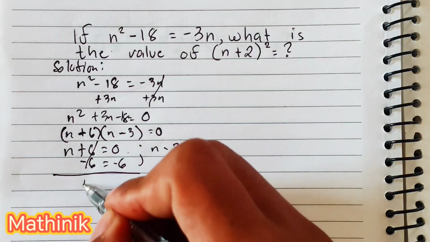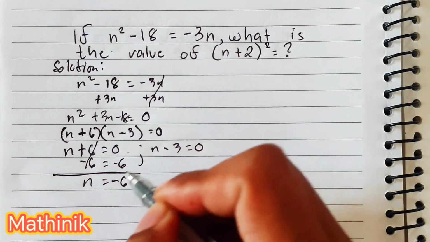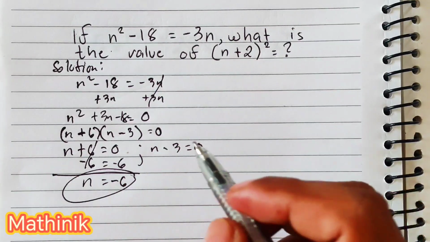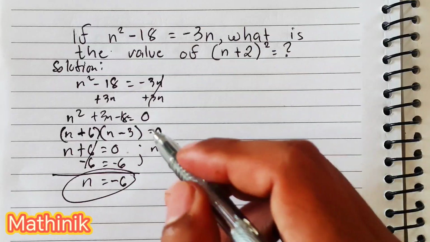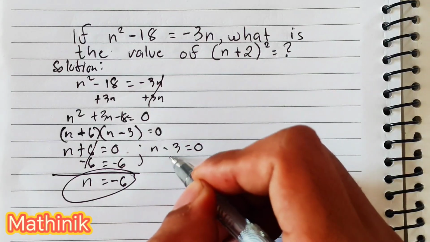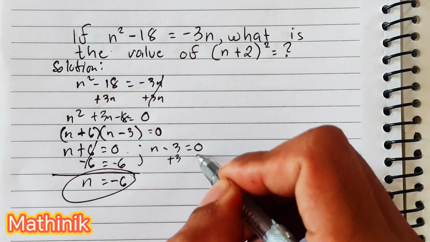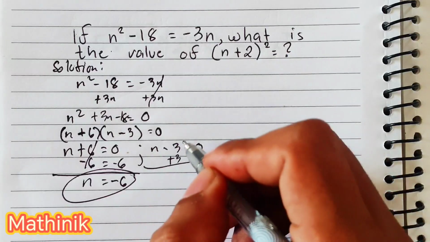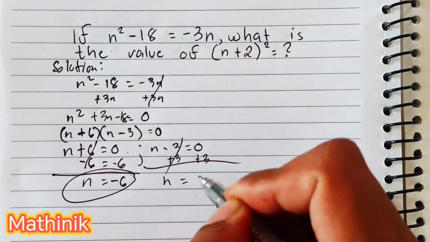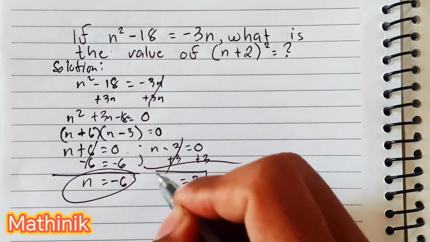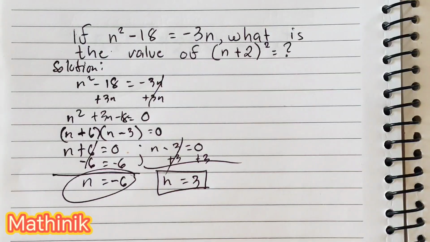So the value of our n is negative 6. And for our other n, we add positive 3 to both sides. So n is equal to positive 3. So therefore, the value of n is negative 6 and positive 3.